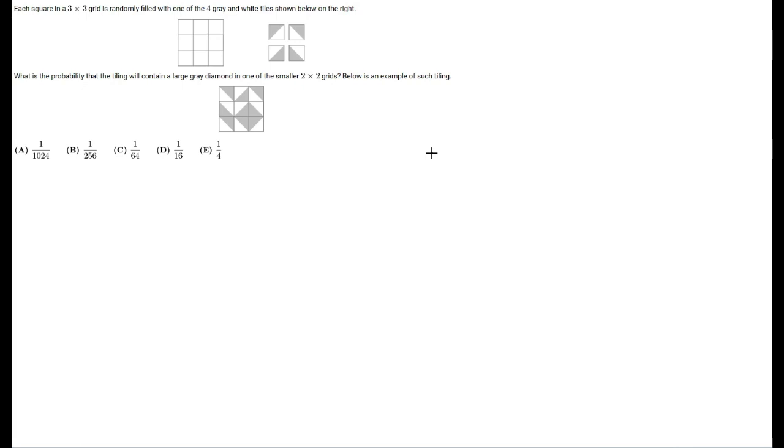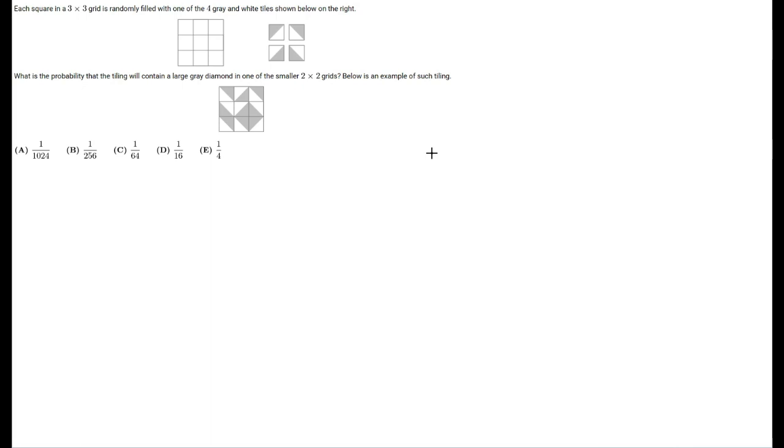So, one of the key things that we could recognize here is what are all the combinations in total. Since it's a 3x3 grid, that's 9 squares. And since there are four different patterns, you can have four different patterns for each of those 9 squares.